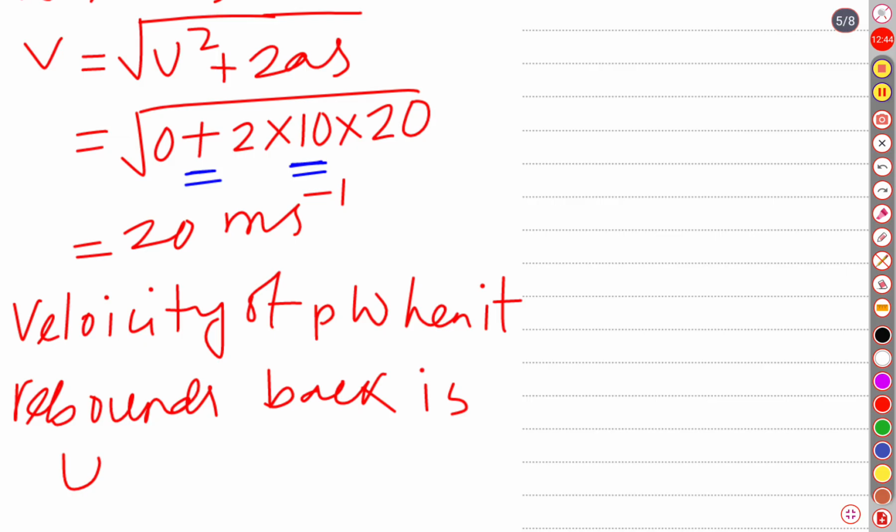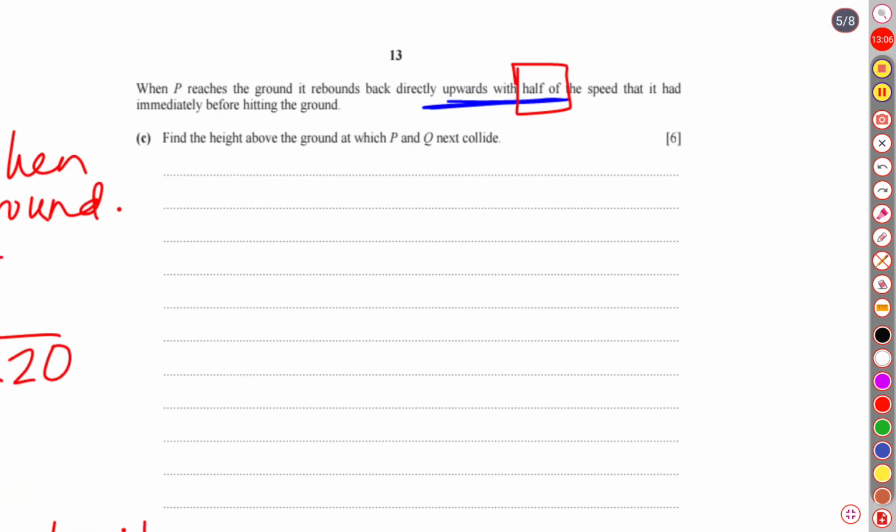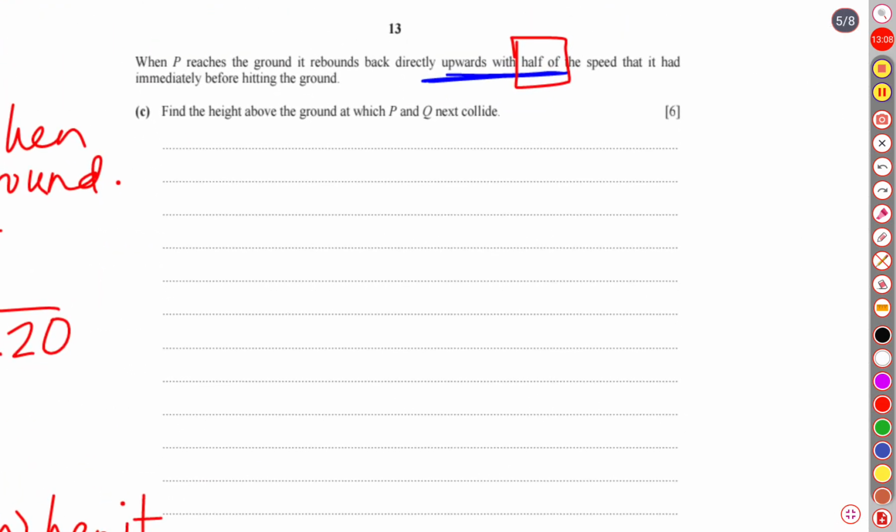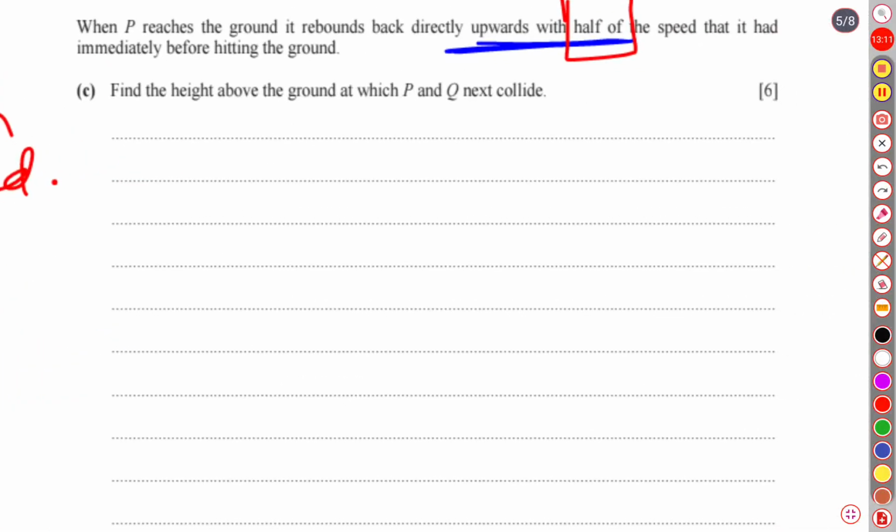Now this is the initial velocity when it bounced back. UP is equal to what? It was half of this velocity, so it is 10 meter per second. So this is the velocity of P when it rebounds back. We have just found the velocity of P when it was rebounding up.